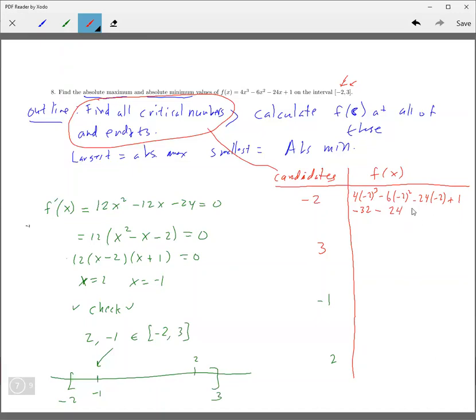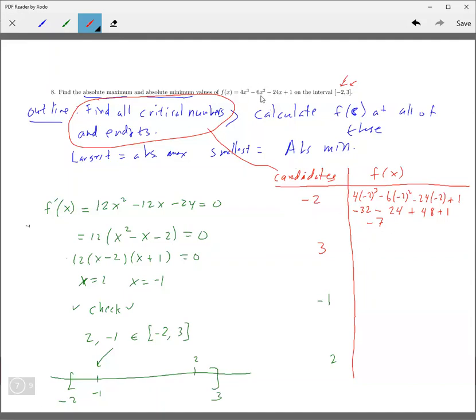Whoa. Oh, but this one is plus 48 plus 1. Okay, so that one gives you -7, is what I got.